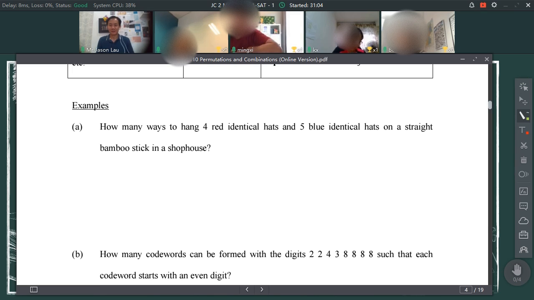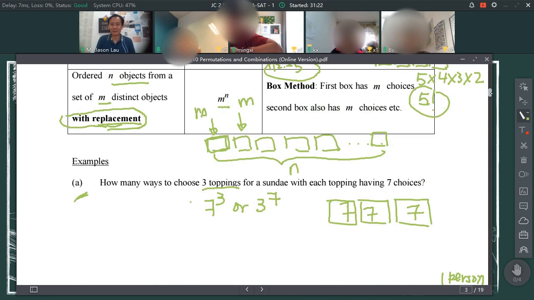Is it 9 factorial over 5 factorial and then 4 factorial? Yes. Okay, good. Yeah, correct.